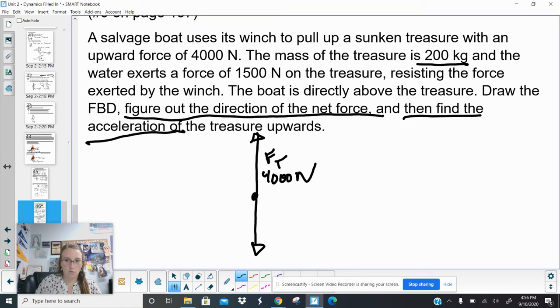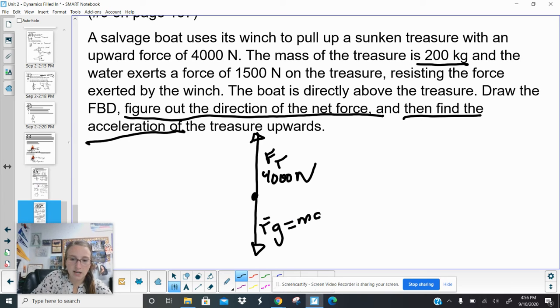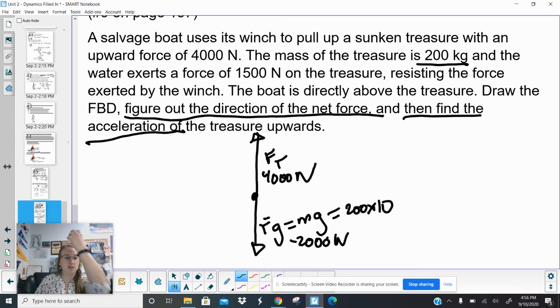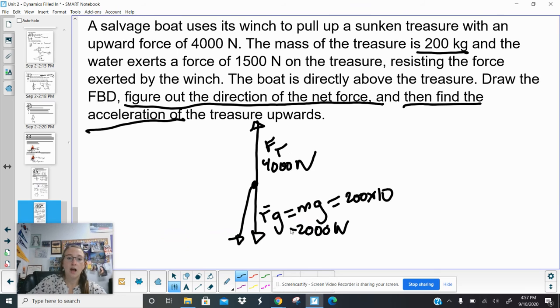Yes? So force of gravity equals mass times gravity, 200 times 10. We have a downward force here of 2,000 newtons. That's the force of gravity pulling the treasure down. Now the water also is pushing down on the treasure, resisting the force by the boat pulling it up of 1,500 newtons as well.